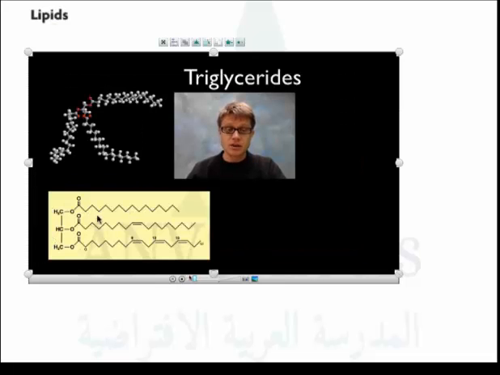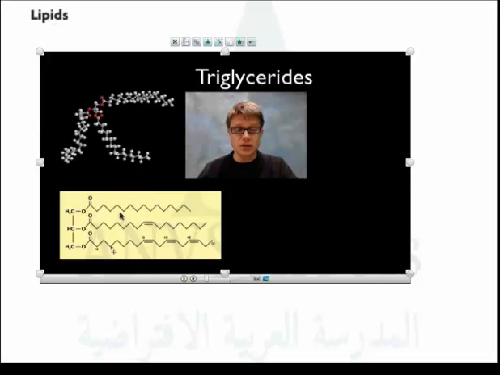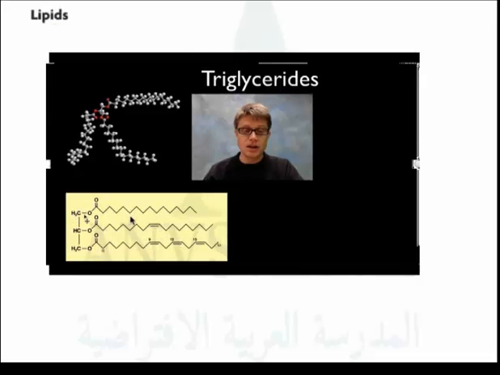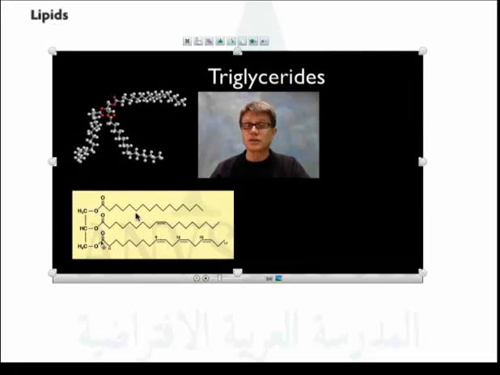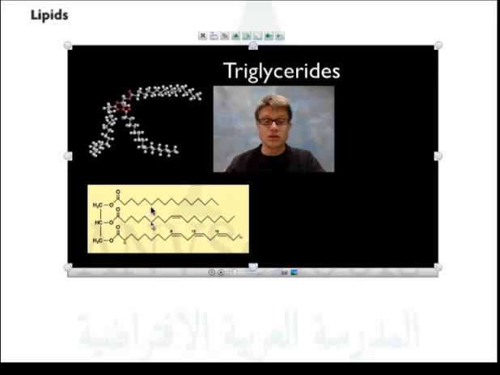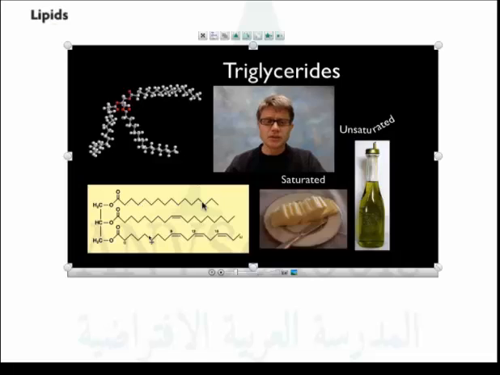If we look at the structures, 3 chains of fatty acids are linked to glycerol. 1, 2, 3. These form what we call a triglyceride, and it's made of both fatty acids and glycerol.